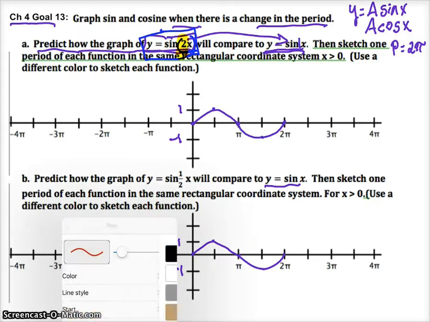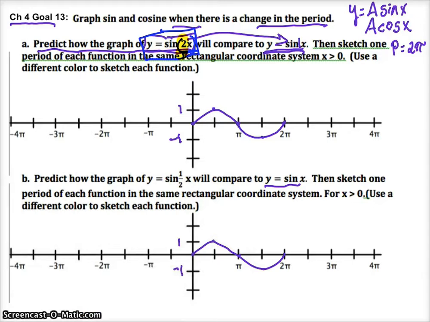So let's try that out. If I take my 5 key points, the x coordinate of 0, 0 is 0, and 0 divided by 2 is still 0. So that x coordinate will stay put. If I take the x coordinate that's halfway between 0 and pi, or pi over 2, and cut that in half, half of pi over 2 is pi over 4. So this would shrink to pi over 4.